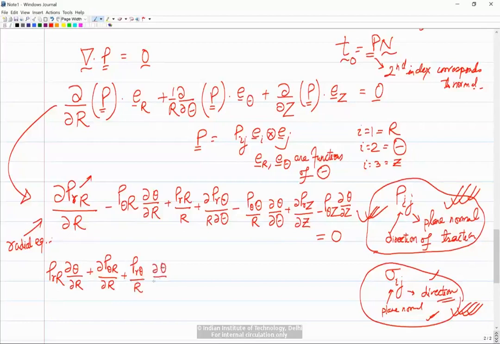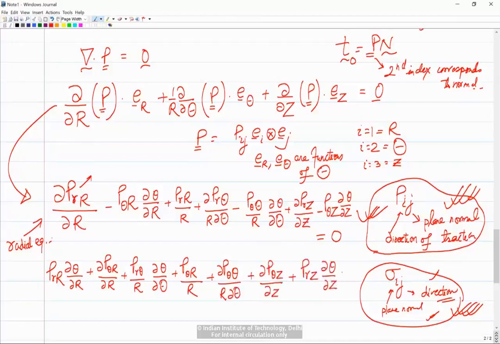Into del small theta over del big theta plus P small theta big R over big R plus del P small theta big theta over big R del big theta plus del P small theta big Z over del big Z plus P small r big Z into del theta over del big Z.